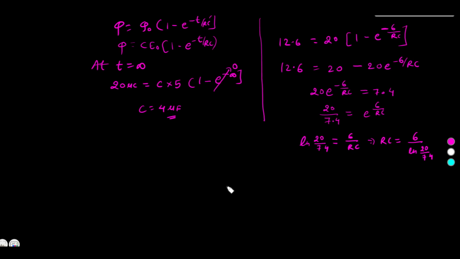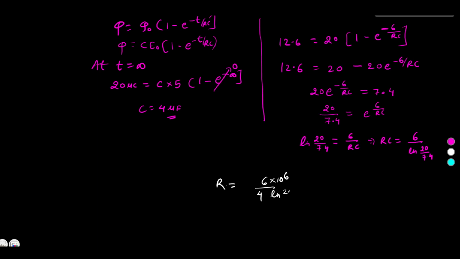Then we can write here as R equals to 6 by 4, and this capacitance we have calculated 4 microfarad. So 4 into 10 raised to the power 6 will go there. ln 20 by 7.4, so 7 something near about 2.8.